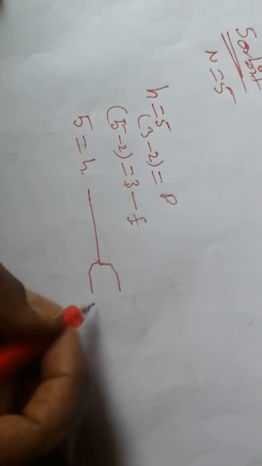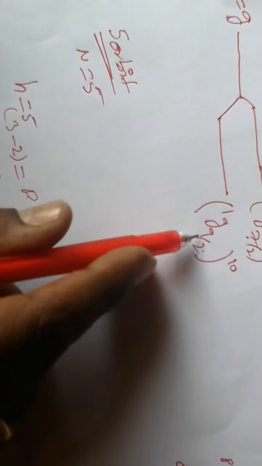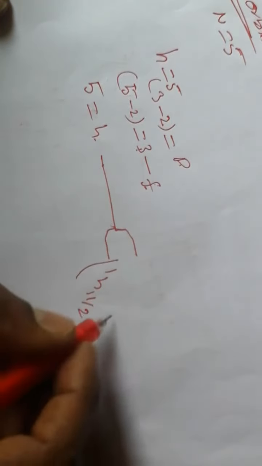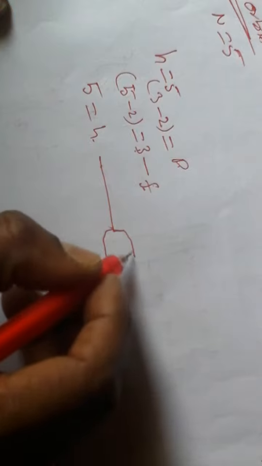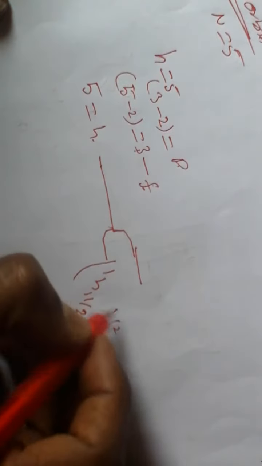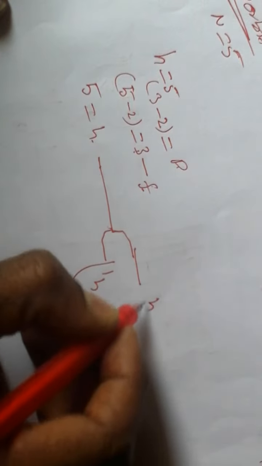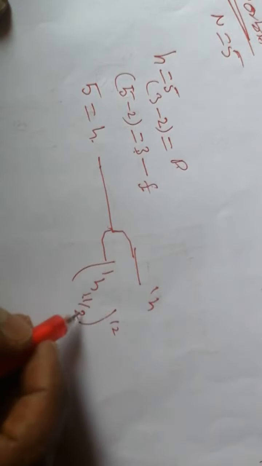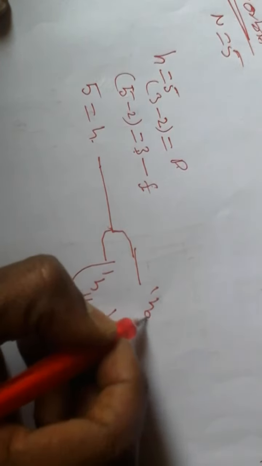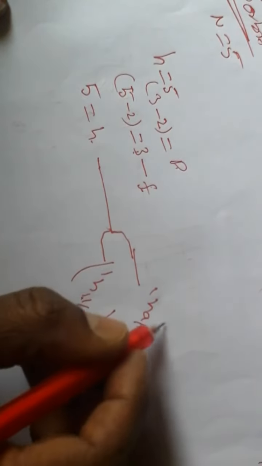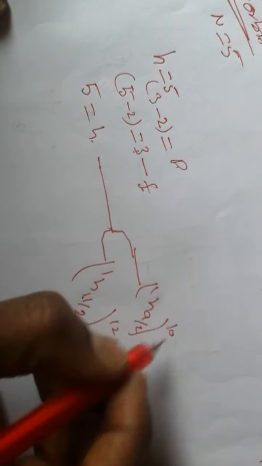So 1 H, here 9 by 2 is there, plus 2 if I write 11 by 2, so power 12. So here H first time, 11 by 2 means 9 by 2 will get it, 11 by 2 minus 1 whole power 10.